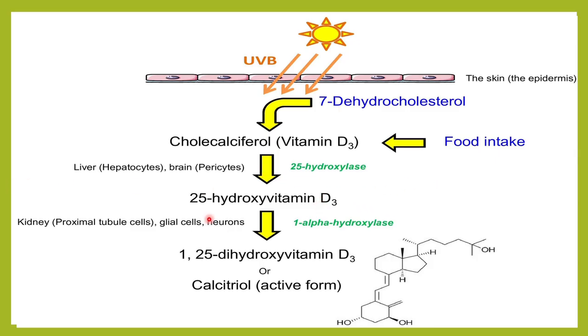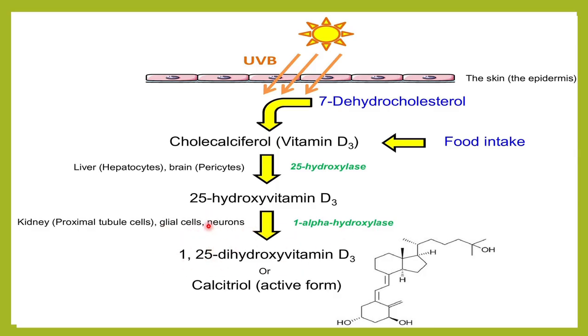Once this enters the kidney, with the help of the enzyme 1-alpha hydroxylase, which is present in the kidney, in the proximal tubules, in the glial cells, in the neurons, the conversion takes place. So whenever there is any brain disorder, kidney disorder, etc., you will see that there will be vitamin D deficiency, because these are the cells wherein the conversion takes place.